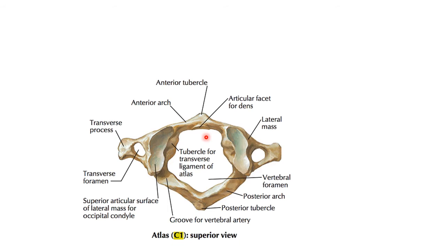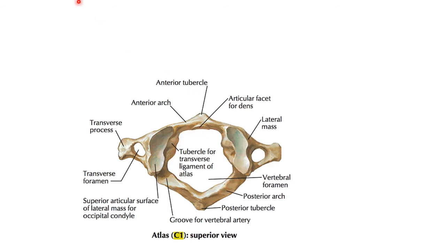Dens is a tooth-like process present on the axis vertebra, which is actually the body of this vertebra.